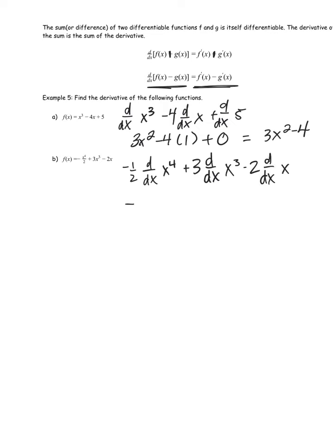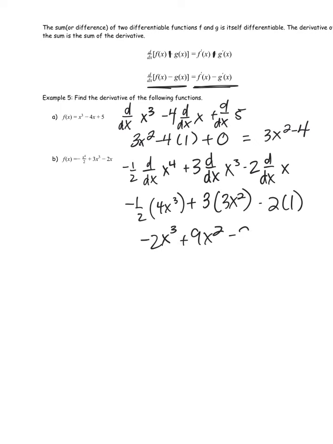So I get negative 1/2 times the derivative plus 3 times the derivative minus 2 times the derivative. Then I simplify. Negative 2x cubed plus 9x squared minus 2. And that's the answer. Alright, that's it for today.